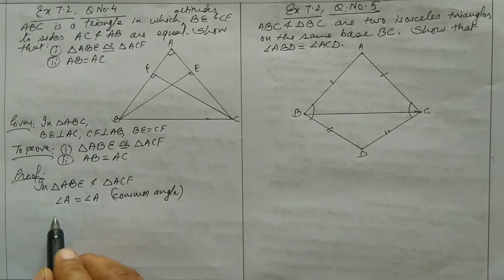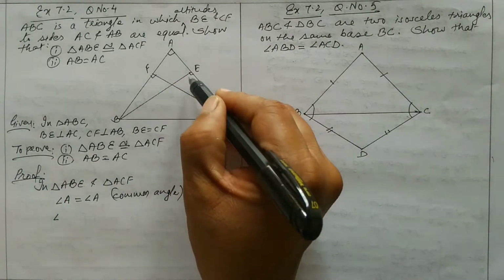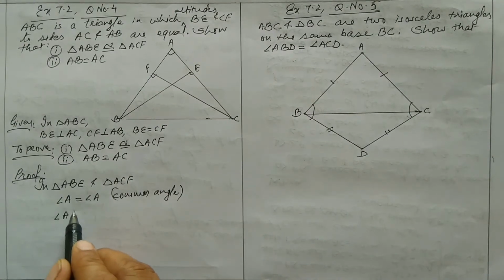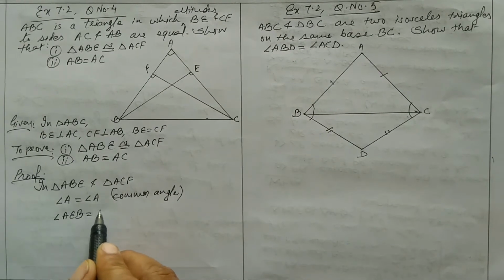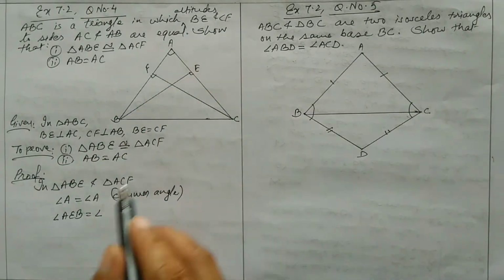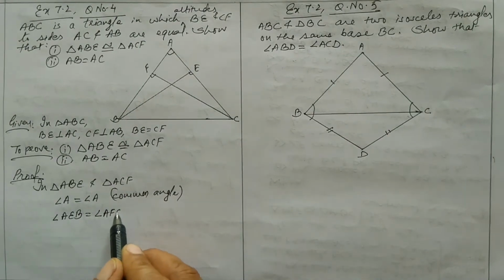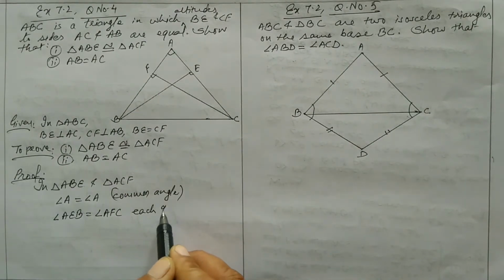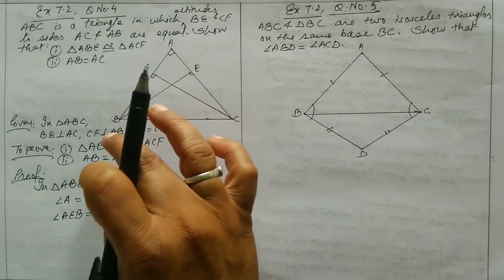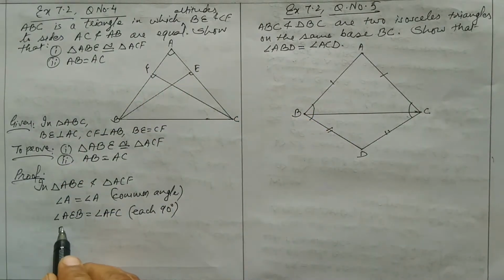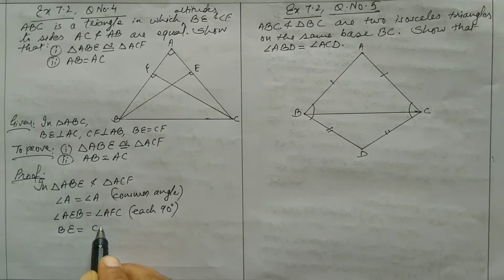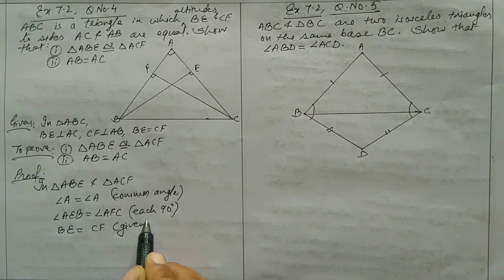Then angle AEB is equal to angle AFC, each 90 degrees, and BE is equal to CF. This is also given to us.